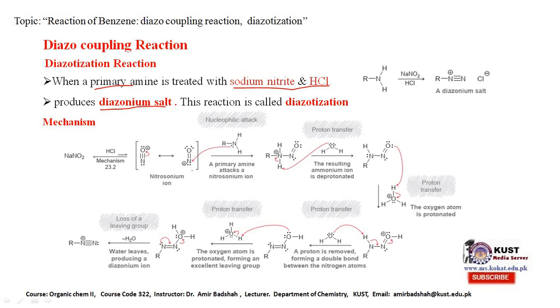This nitrosonium ion is then attacked by the primary amine. These electrons are shifted toward nitrogen and we get this species. Then the resulting ammonium ion, a nitrosoammonium ion, is deprotonated, and after the deprotonation we get a nitrosoamine.